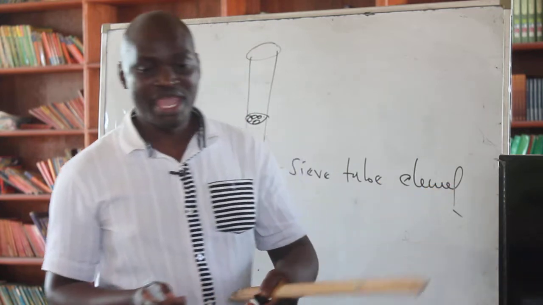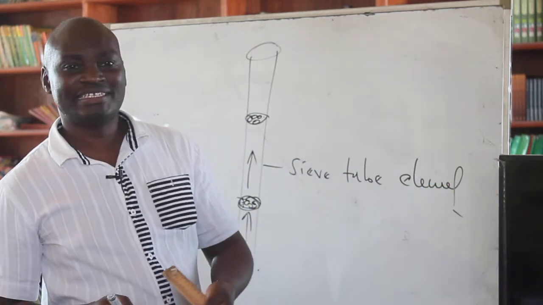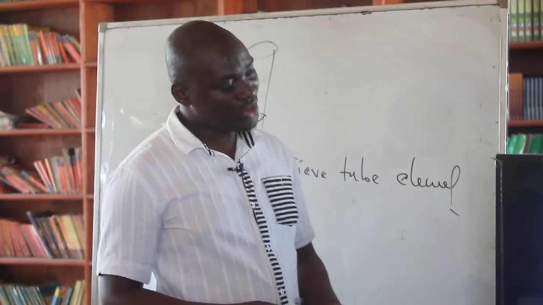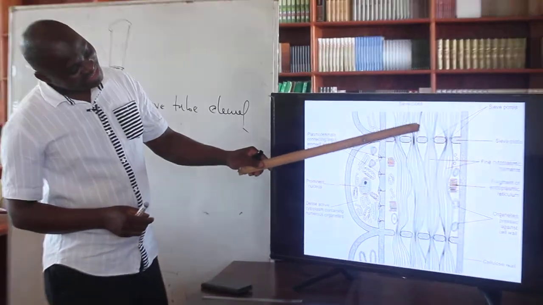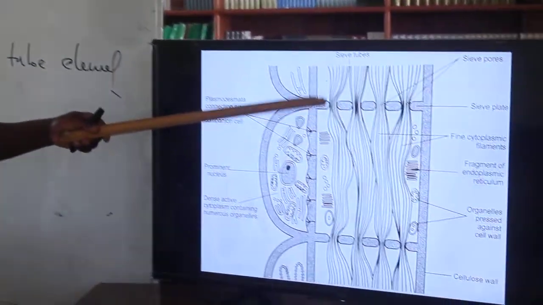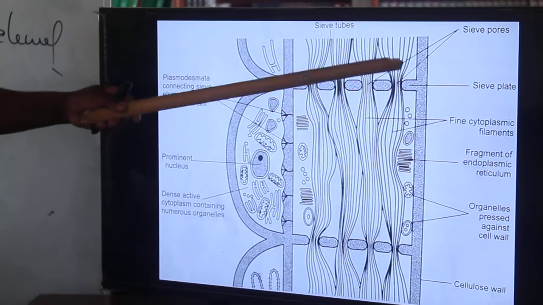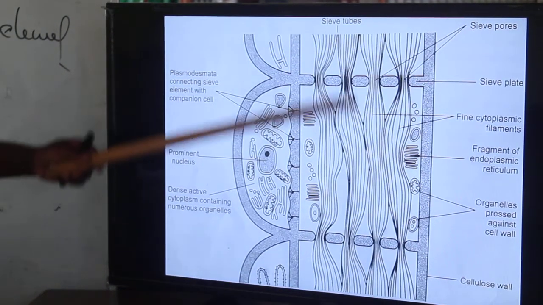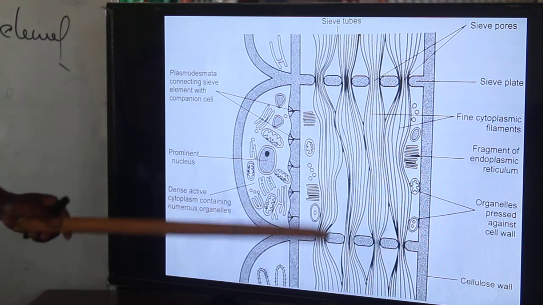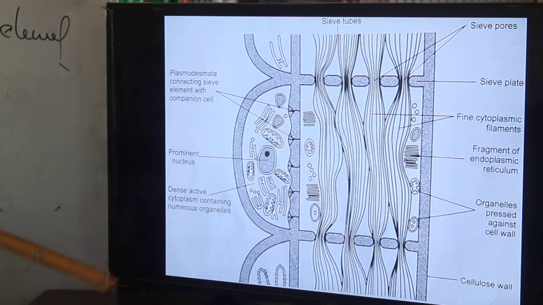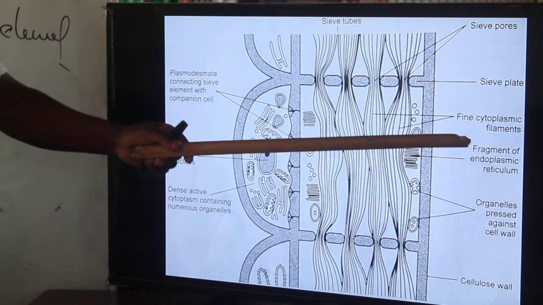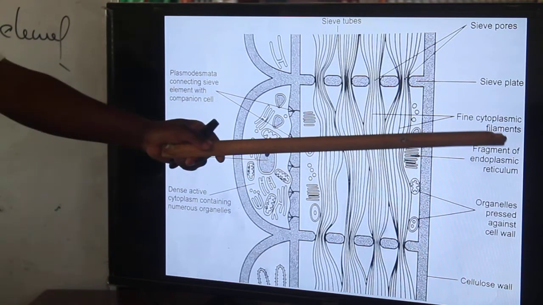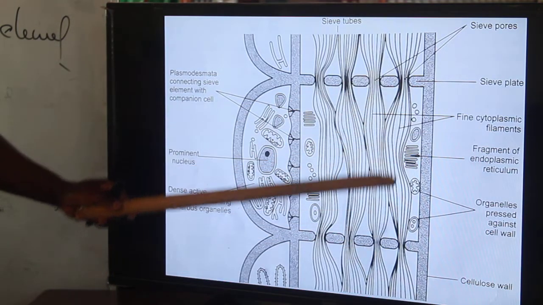So now, the sieve plate is perforated with holes. Then we have these fibers, these things that appear like threads. You call them the fine cytoplasmic filaments. These are filaments.